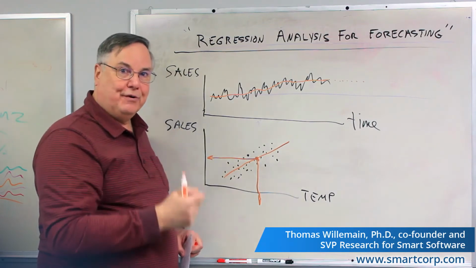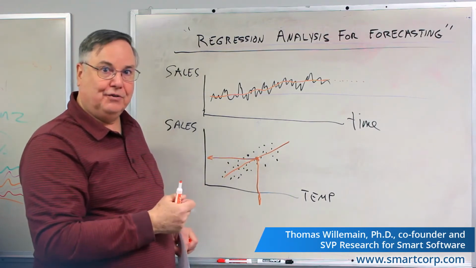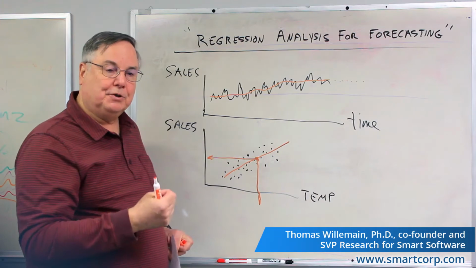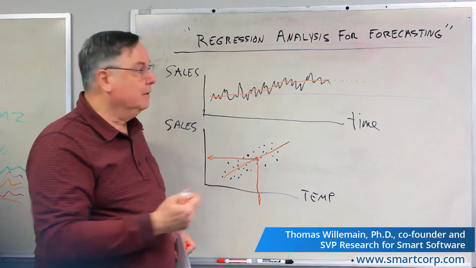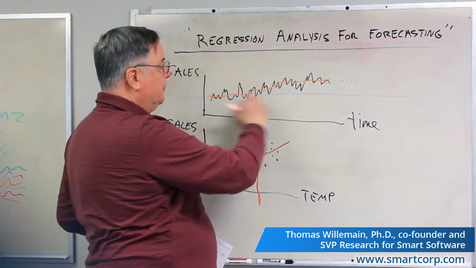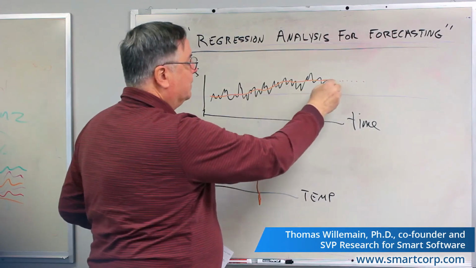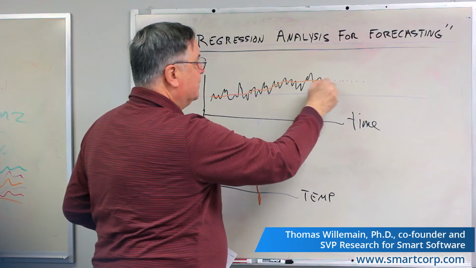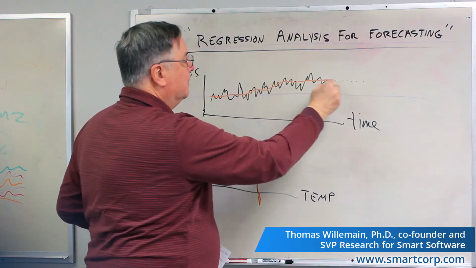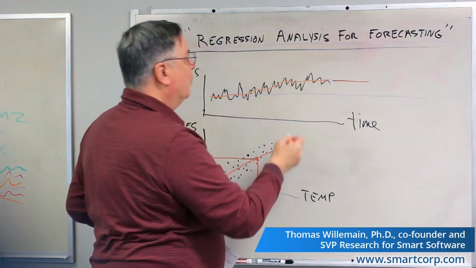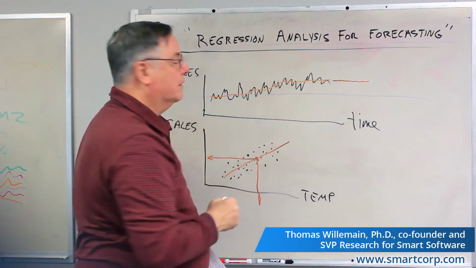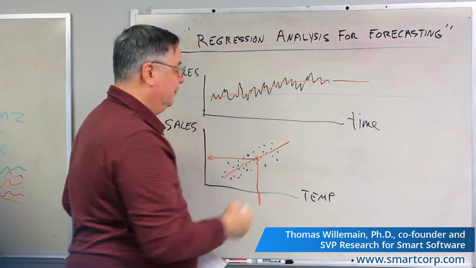If we want to go further and forecast sales, then the regression approach puts an extra burden on us. Here, with this picture, the time series approach, we can find some way to extrapolate or extend this orange curve. Maybe we're going to make a flat forecast based on the current estimate of where the sales level is.